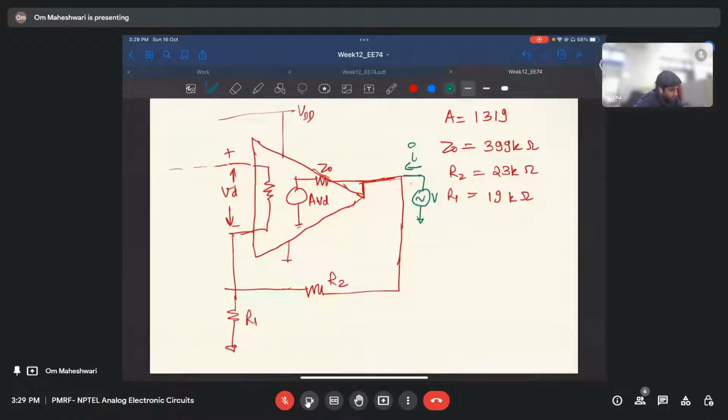This I will be divided into two parts: I1 will go here, I2 will go here. Let this voltage be V1. So what is V1? V1 equals R1 by R1 plus R2 times V. It's fine, right?